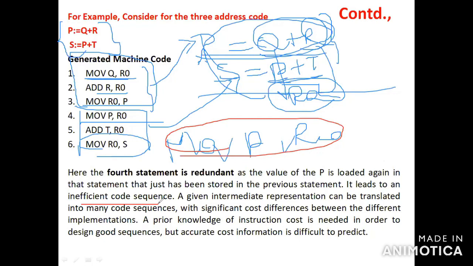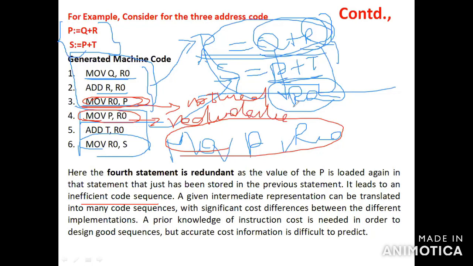MOV R0, P is not used anywhere in the further statements, and the statement MOV P, R0 is redundant.